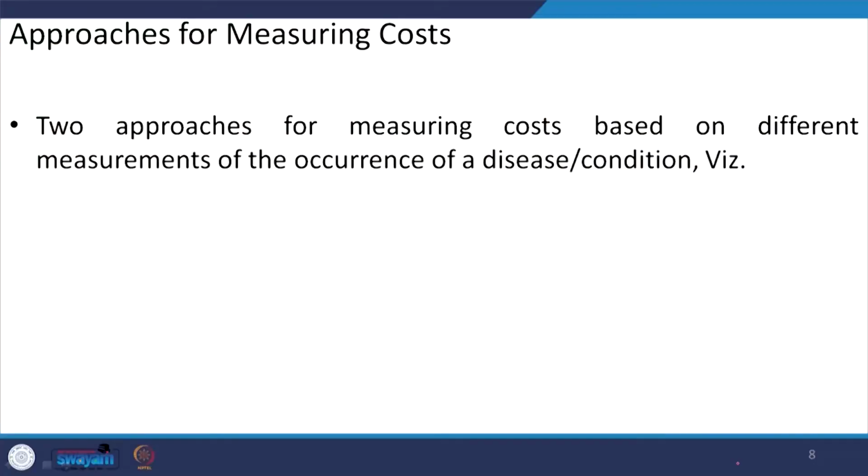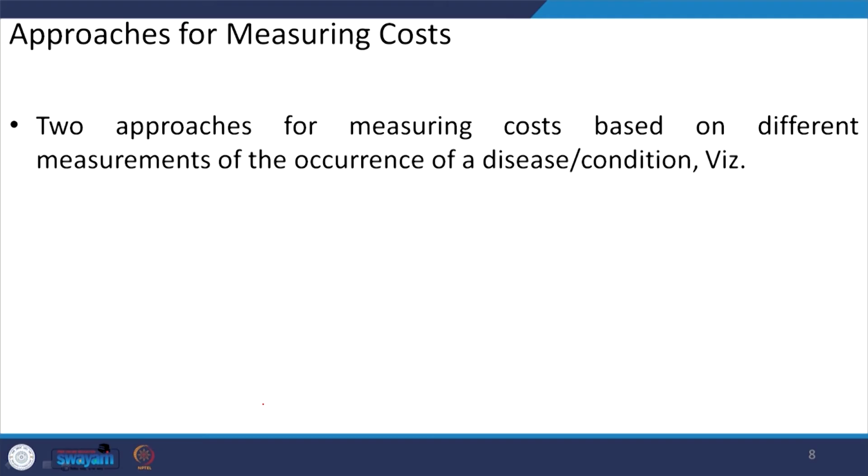So, in this context we can discuss the different methods or approaches for measuring the costs, because we are saying this cost of illness can include direct costs, and we need to take into account indirect costs also. For measuring these costs we can apply two approaches.